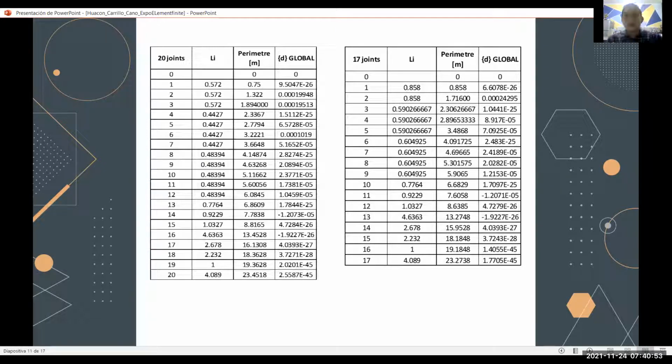In both tables, we have the result of the global displacement with 17 and 20. We also take a variable, the same for both cases, in order to obtain the coordinates of the points and have a function that will be explained below.